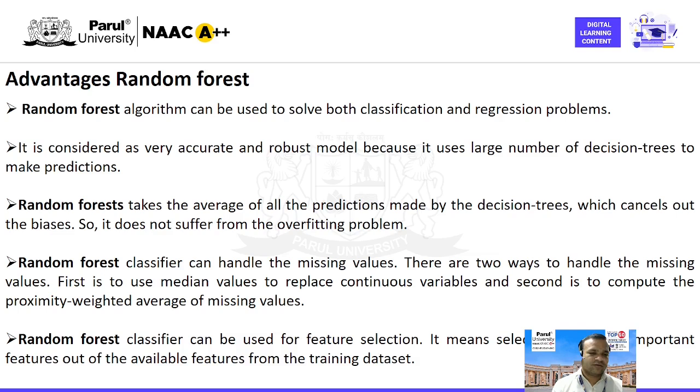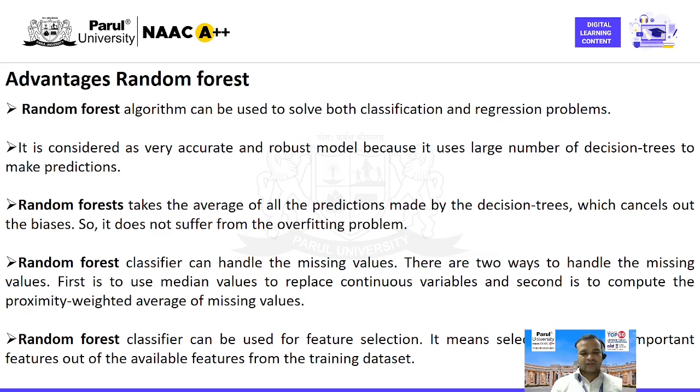The random forest classifier can handle missing values also. There are two ways to handle missing values. First is to use the median value to replace continuous variables, and second is to compute the proximity weighted average of the missing value.